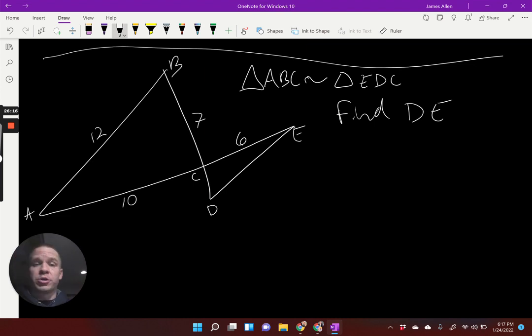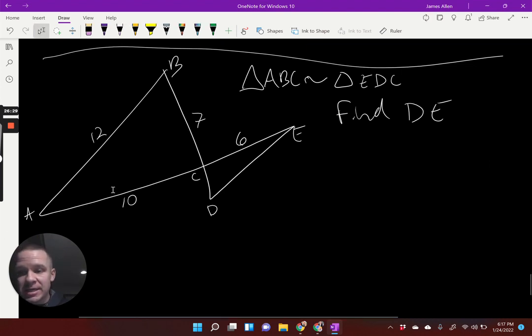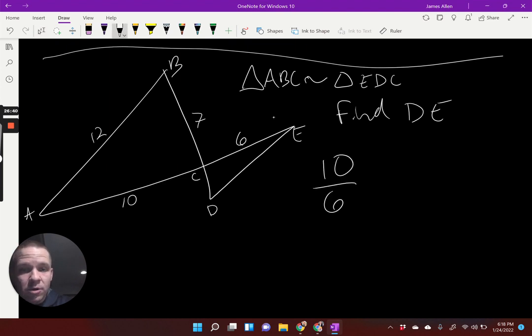All right. So I got a separate proportion here. Well, I've got a similarity statement, which helps, right? ABC is similar to EDC. So if I can twist things around in my head, set it up, that's cool. If not, I can always double check with my similarity statement. Well, I know that AC and CE are the outside two. Those two are corresponding sides. So I can set up 10 over 6. Now, if I want DE, DE matches up with AB in my similarity statement, right?